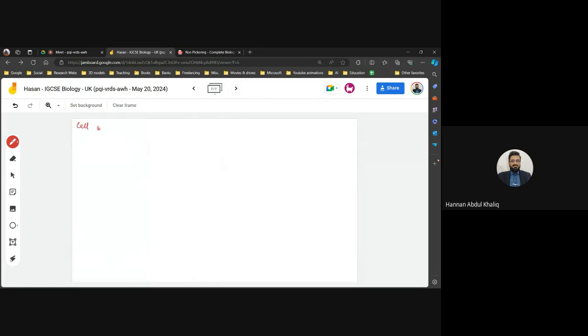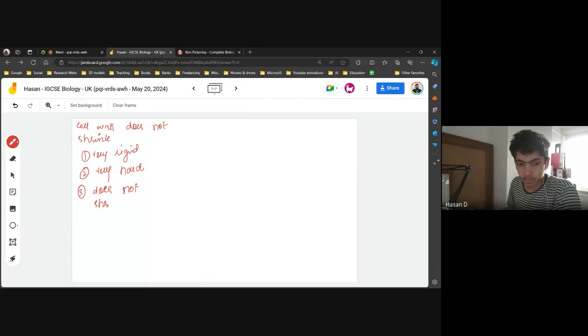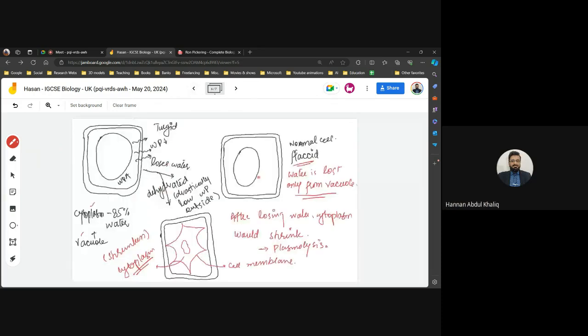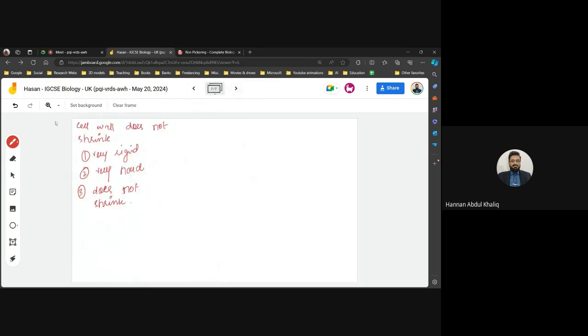If someone asks you why the cell wall does not shrink, it is very rigid, very hard. So that is why the cell wall would keep its shape, but the rest of the cell would shrink. Is it clear?